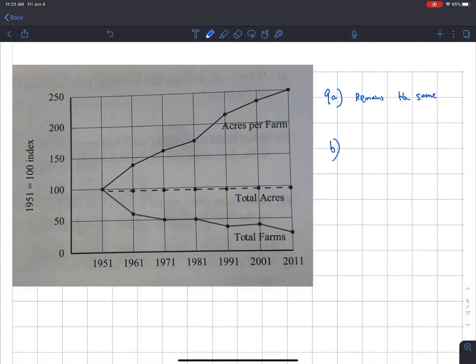What is happening to the ratio of farms to acres being farmed? So farms to acres being farmed is decreasing. We are having fewer farms.